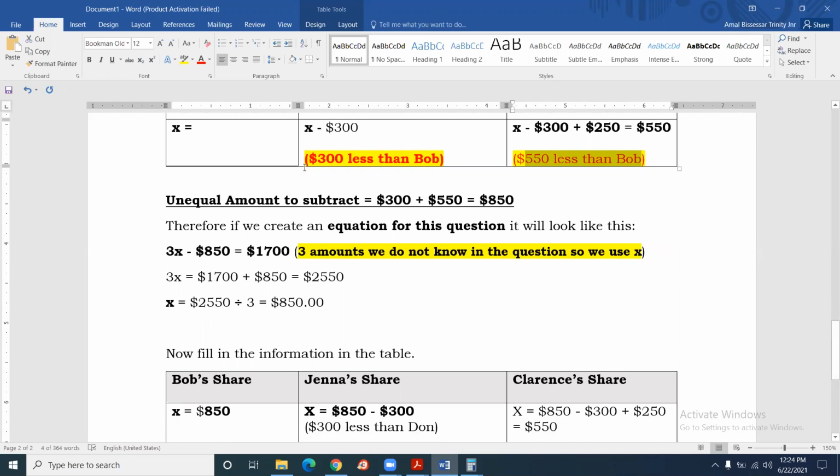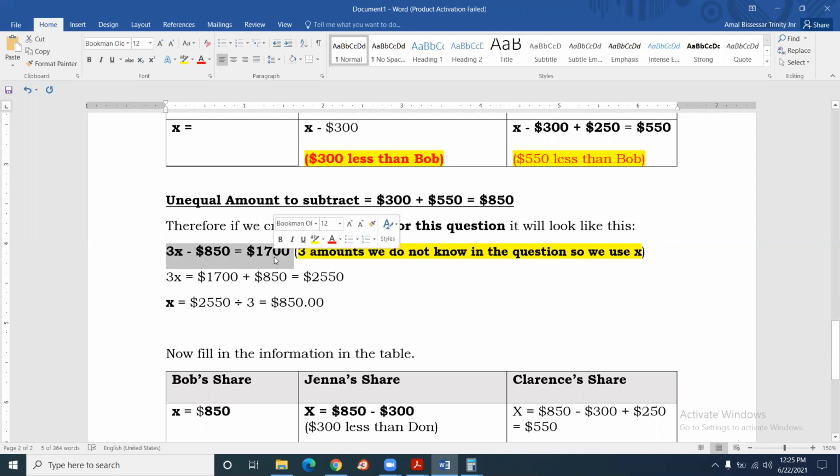And then I start getting my equation in order. How many X's on the paper? 1, 2, 3 X's. Plus I need to take out 850, which will give me my 1,700. Again, the 3 numbers I don't know, take out the 850, will give me the 1,700 that I have to work out.